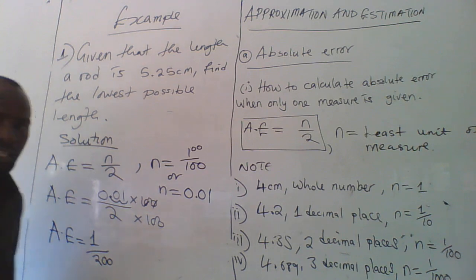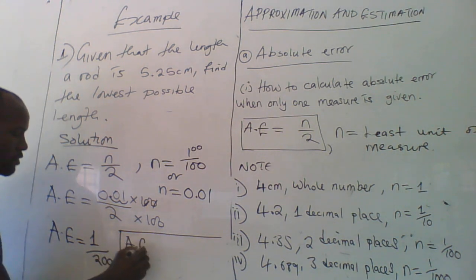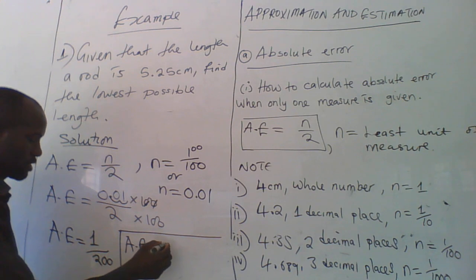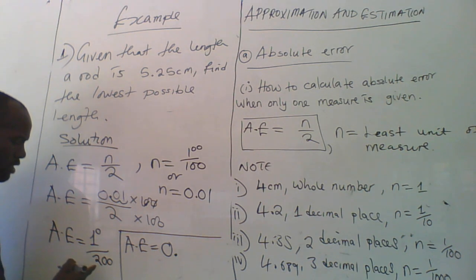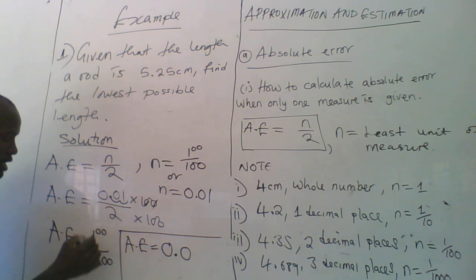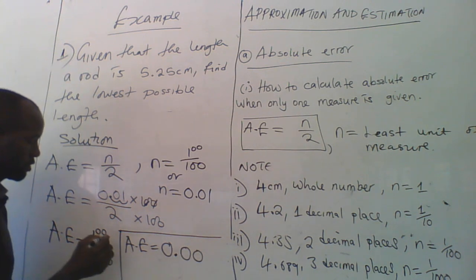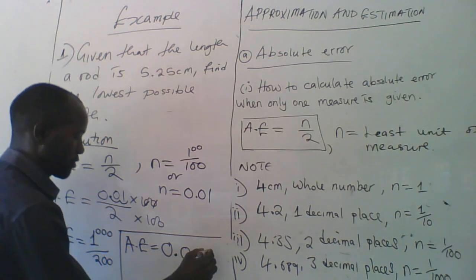Our absolute error is 1 over 200, which we can also express in decimals. 1 divided by 200 gives 0.005.